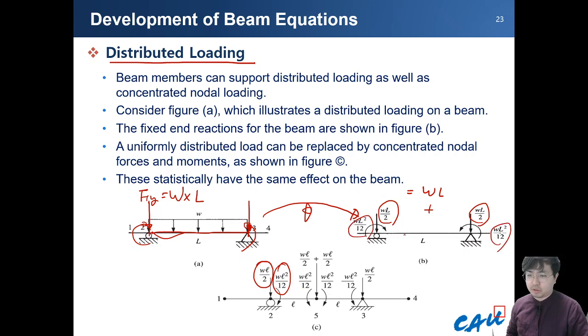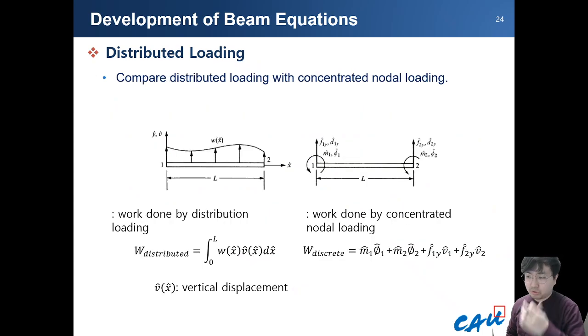After the sum, this one has a negative sign, this one a positive sign, and the total momentum equals 0. Sorry, not 0. Depending on your system, it cannot be equal to 0. But anyway, today I'm going to introduce how to change from a distributed load to a point load and momentum.